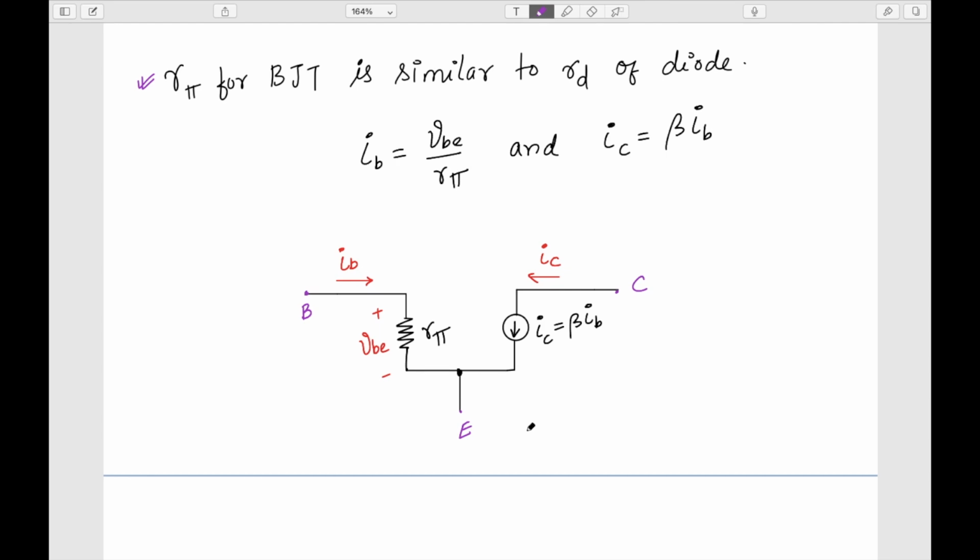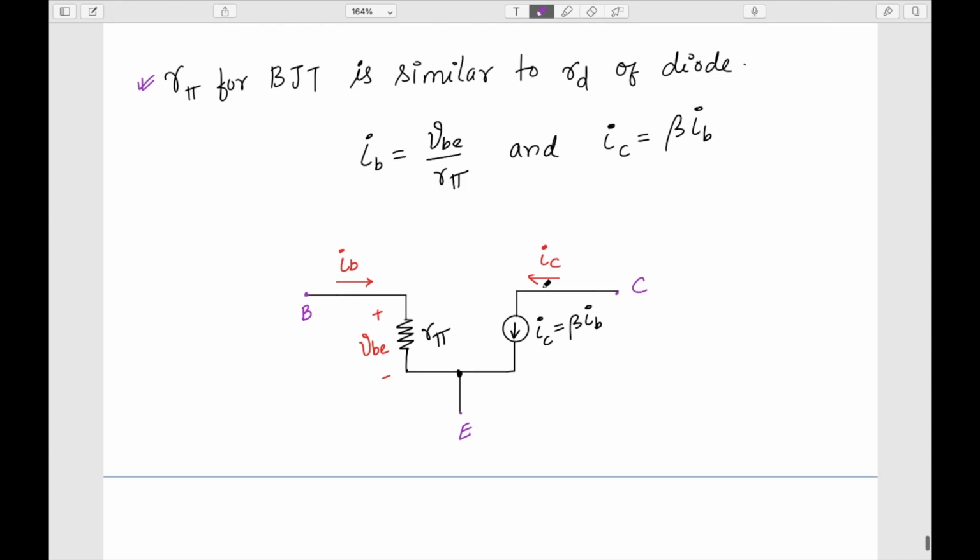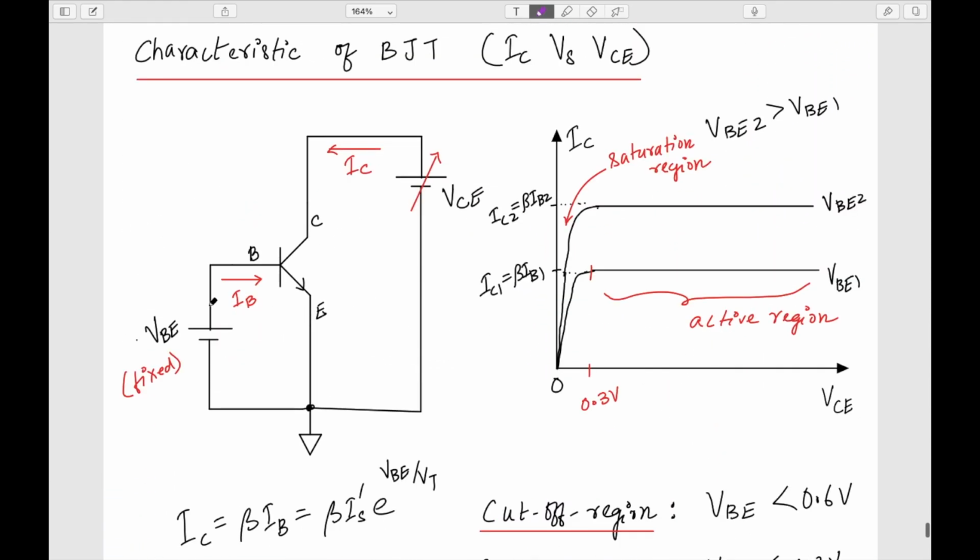Sometimes this question is asked: why is there no connection between the base and the collector? We know that the potential change between the collector and the base affects neither IB nor IC. Whatever this VCB voltage is, which is also the same as the change in VCE, only the reference is different.